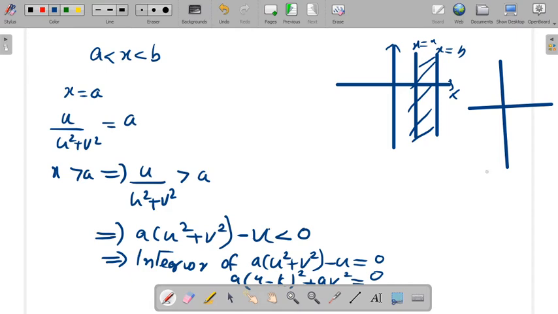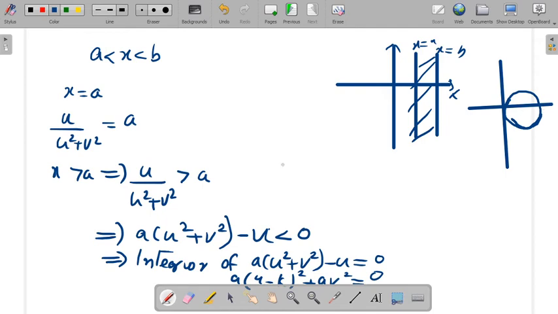At first we found the image of x greater than a. So x greater than a is mapped into the interior of a circle. It's a circle that passes through the origin and it is mapped to the interior of this circle.